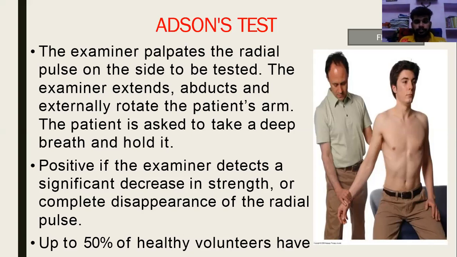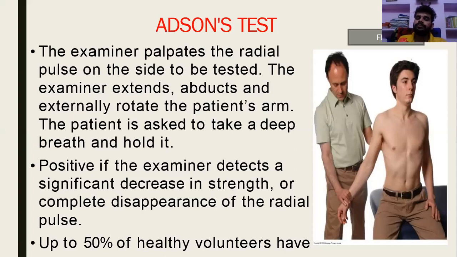In this, firstly we extend the shoulder and forearm while palpating the radial pulse. Then we raise the arm and externally rotate the patient's arm. The patient is asked to take a deep breath. Now how can we know if it is positive or negative?